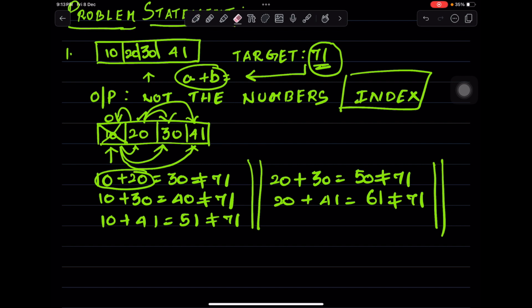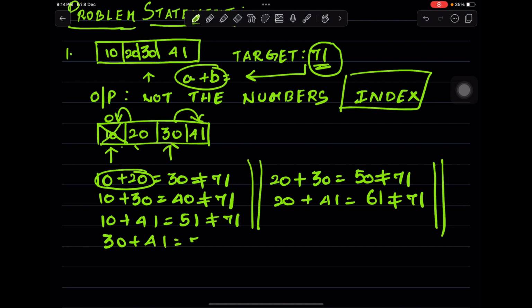Let me erase the remaining stuff. Now I'm going to go with 30. So 30 plus what is the number right to it? 41. If I add, I'm getting 71, and this is equal to the target number.